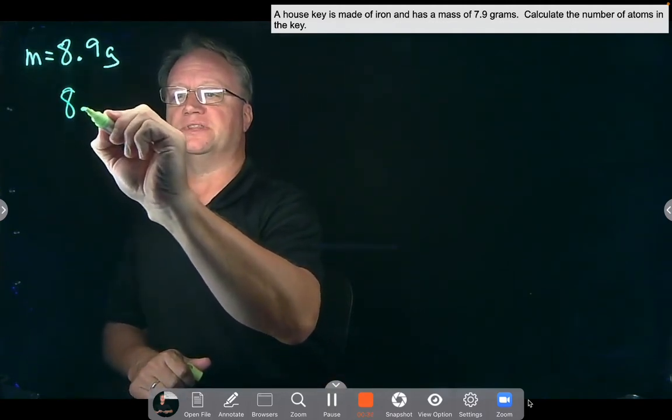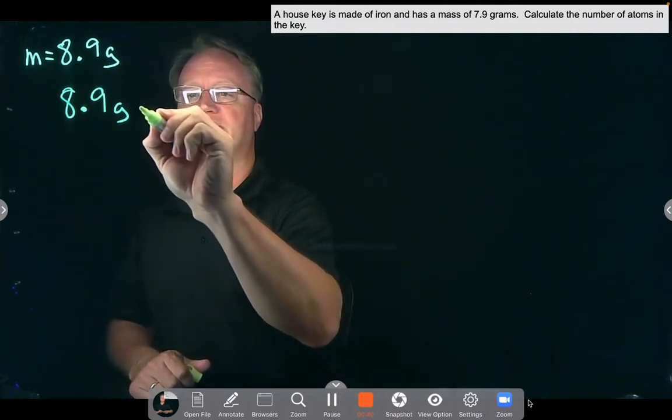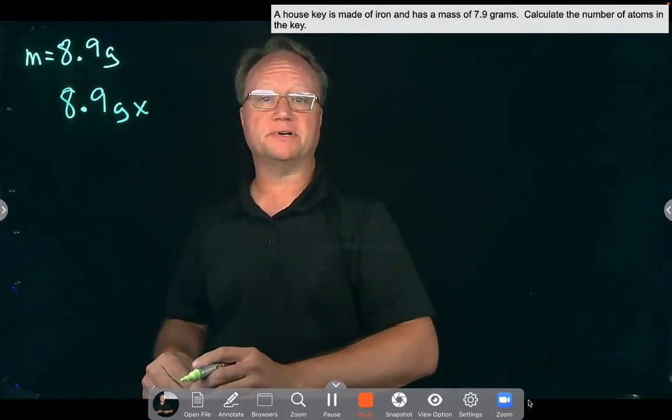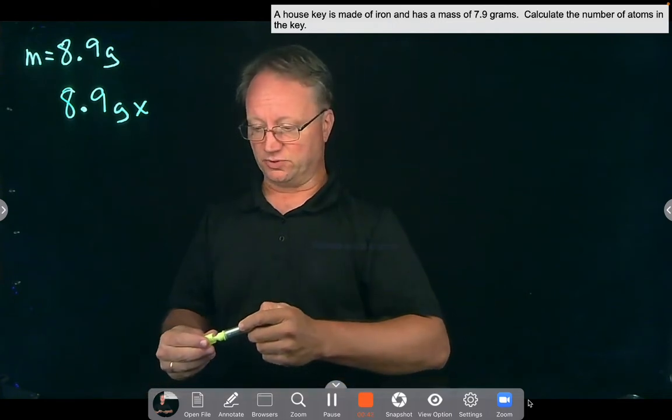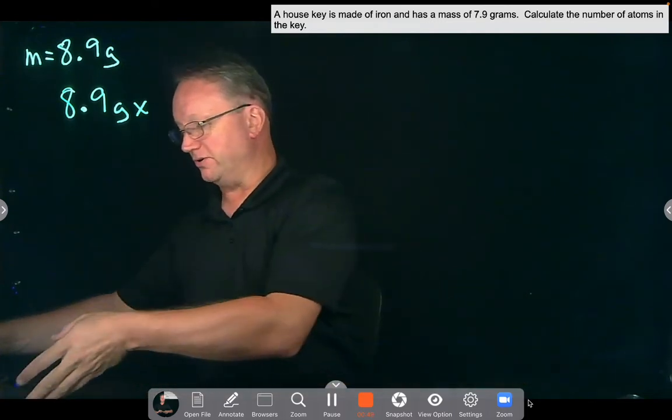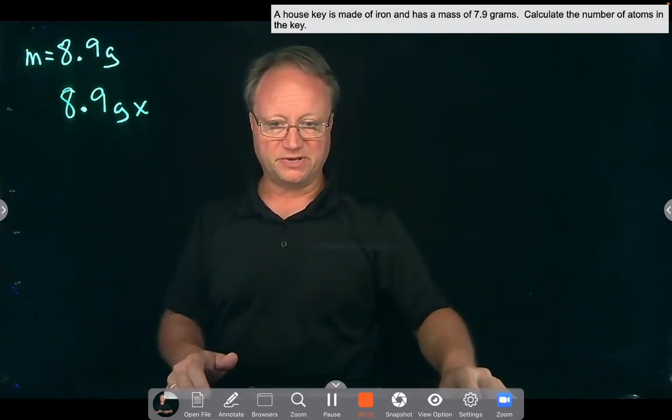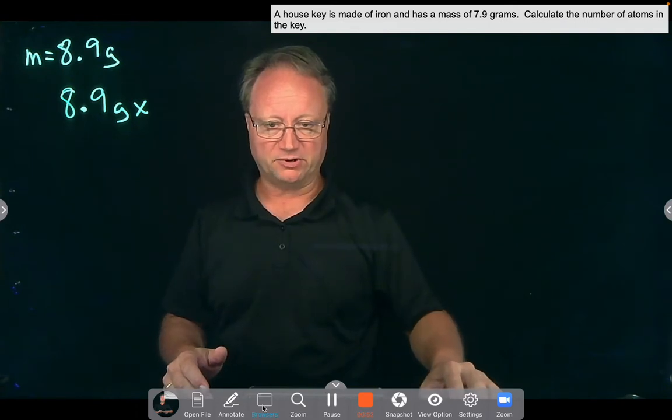If I start with 8.9 grams, well, we're going to have to look up a couple of additional numbers to be able to do this calculation. So we're going to have to refer to a periodic table. So let's take a minute and pull up a periodic table.